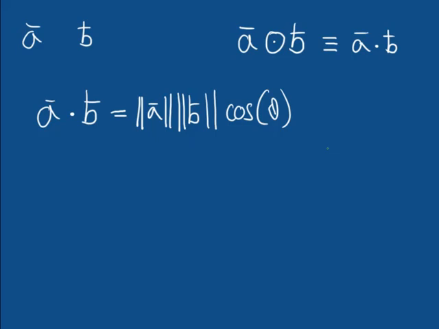So obviously the dot product is going to be very useful to us, because if we had a vector A and a vector B in our 3D space, then we can use it to find the cosine of this angle between the two vectors.